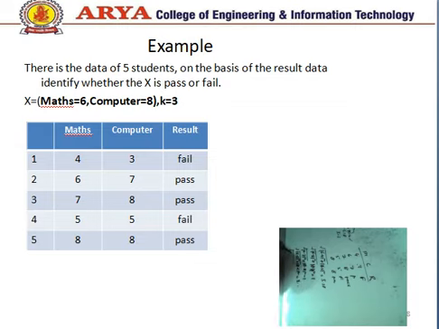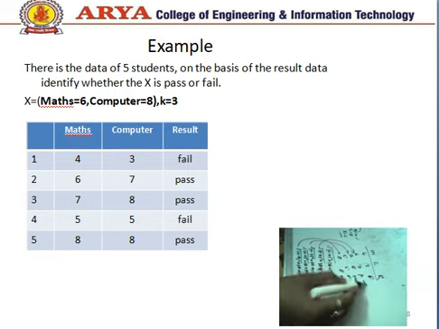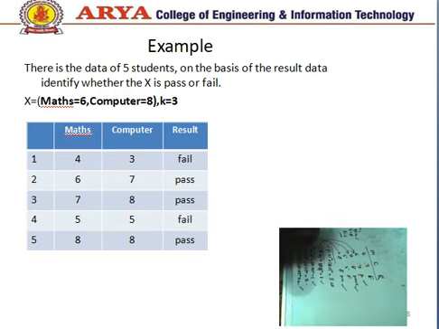And for the last instance we get (6 minus 8) square plus (8 minus 8) square, that is 2. As the value of K is 3, we choose the three minimum values. Minimum values are 1, 1 and 2, and one is for the second, one for the third and one for the last. According to this we get pass, pass, pass. So the result for x will also be pass.